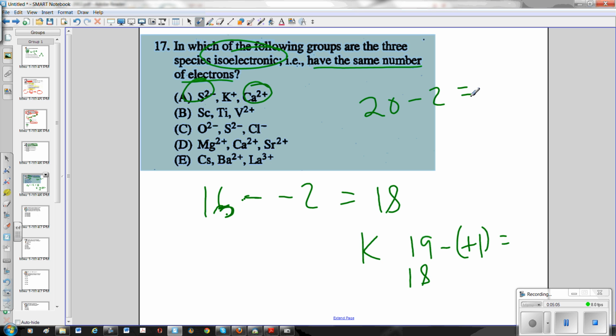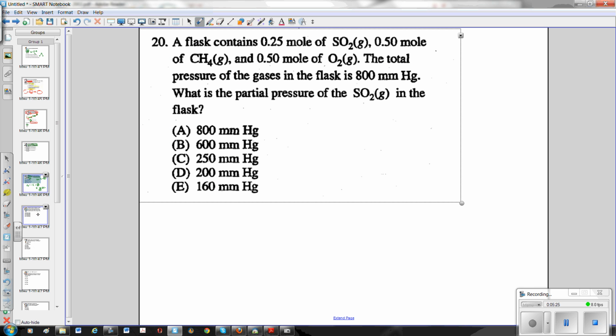So if it's positive, basically you subtract. If it's negative, you add. Think of it that way to the atomic number. So in this case, I have 18. The fact that all these have 18 electrons means that they're isoelectronic. So to find an isoelectronic atom, all you have to do is take the atomic number and do the opposite of whatever the charge is. That should be pretty easy.